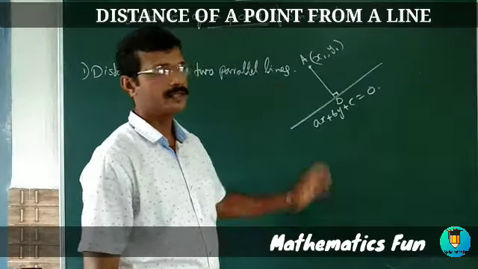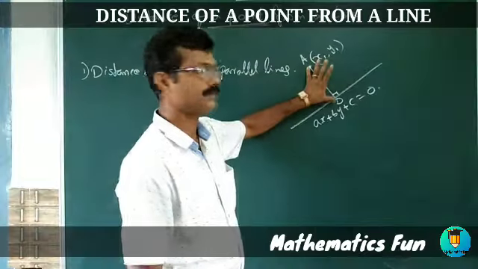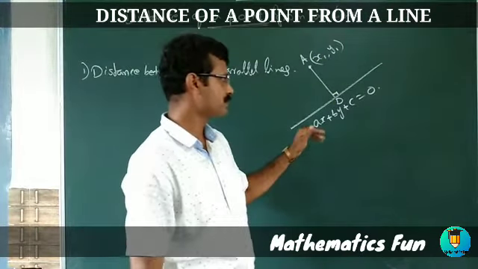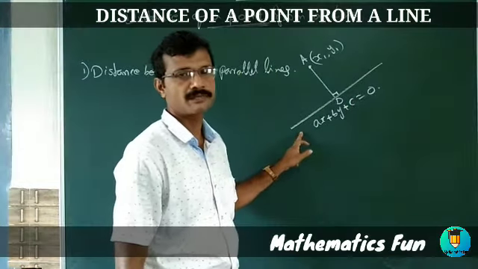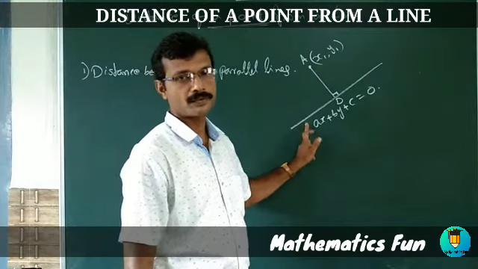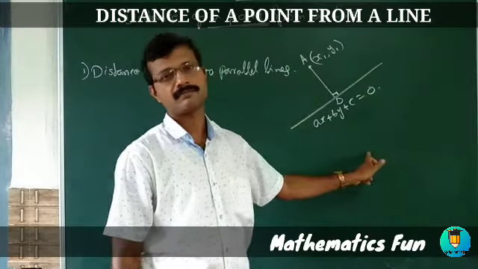You came across this type of situation already in standard 10, how to find the distance of a point from a line. Standard 10 method, what we used to do: we know the equation of this line. From the equation we can write down the slope of this line. If we know the slope of this line, then we can write the slope of the line AD.